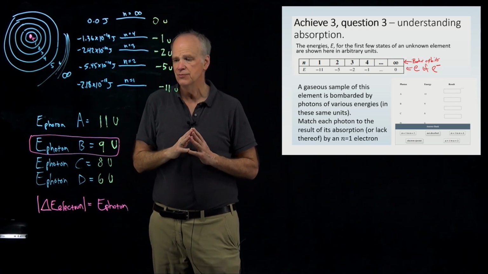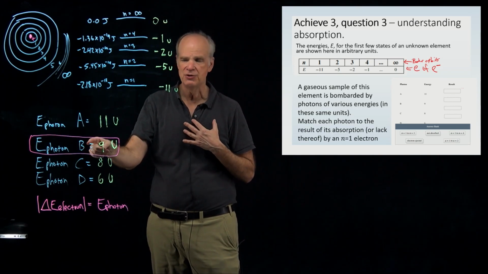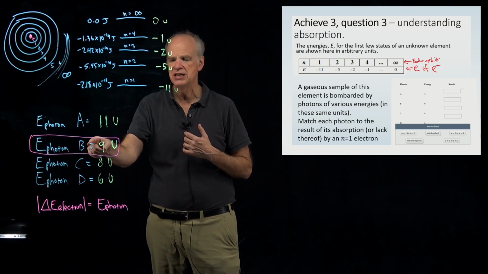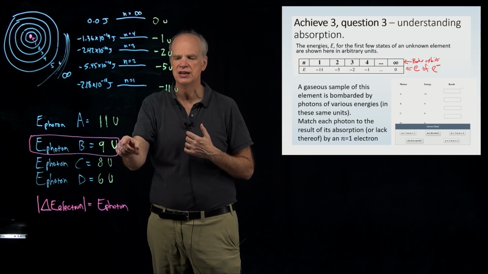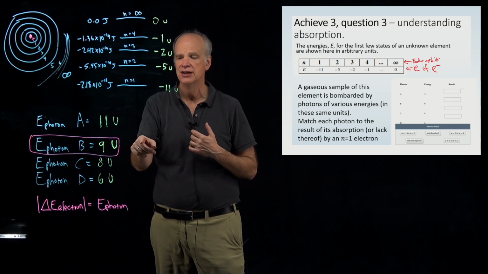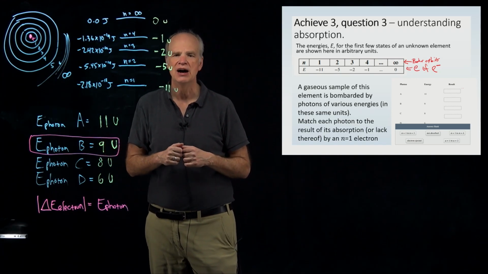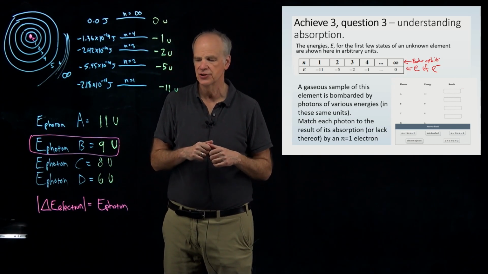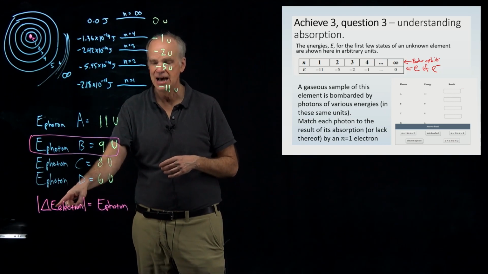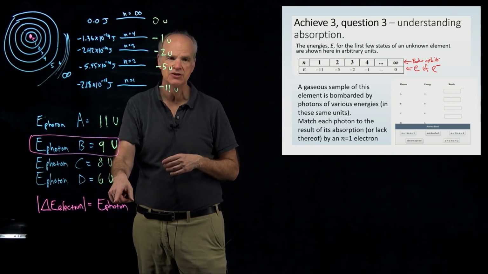And so the problem I'm going to do is focus on photon B. What they want to know is this. If the energy of photon B absorbed is 9 units, what is the corresponding electron transition that causes a 9-unit absorption of this photon? This is actually kind of easy to figure out. You might remember, when we were talking about Bohr orbits and energies, that the absolute value of the change of energy of an electron is equal to the energy of the photon.